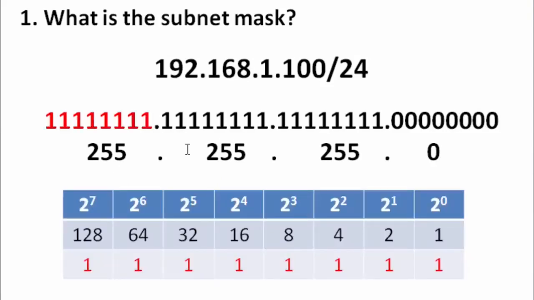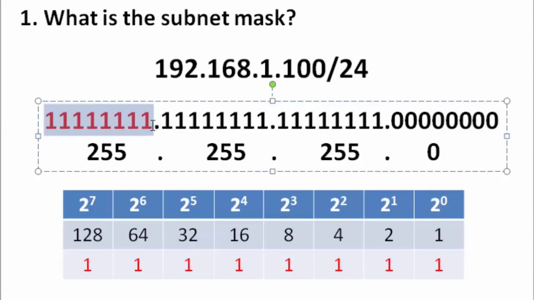Recall that we can take an octet of 8 bits and look at it according to the binary place values. The place values start from 2 to the 0 in the ones place, all the way up to 2 to the 7th power, which is the 128th place.